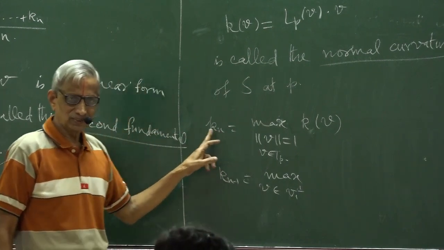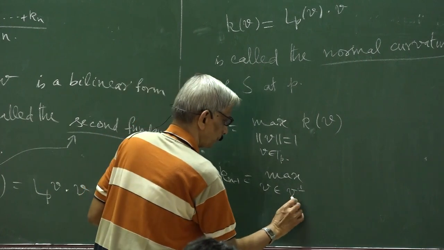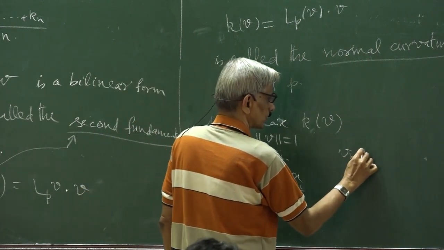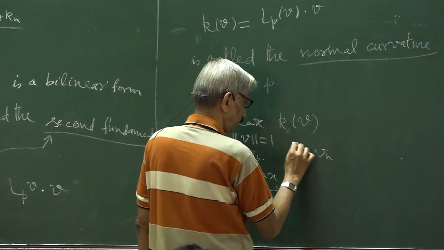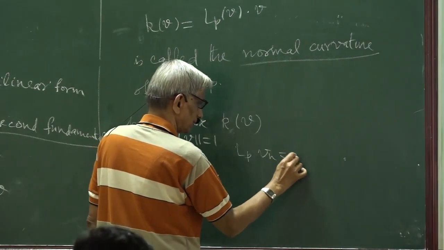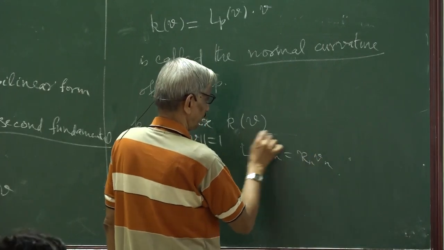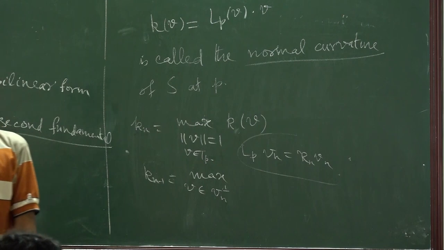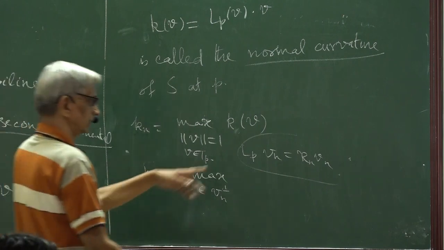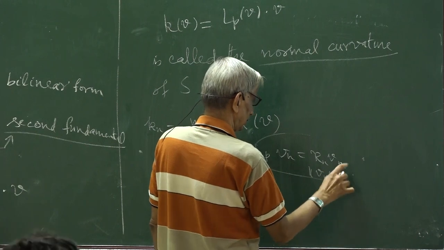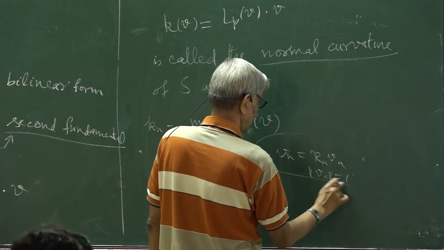It's now Kn, where Vn is an eigenvector corresponding to, so LPVn is KnVn, okay? So Vn is a unit vector, unit eigenvector for.